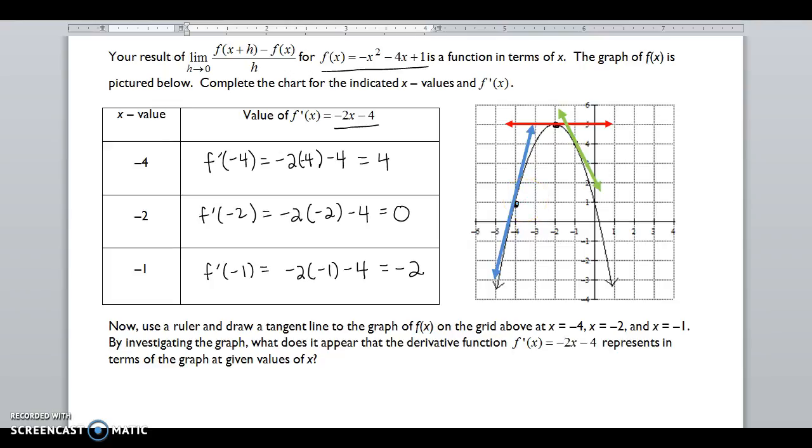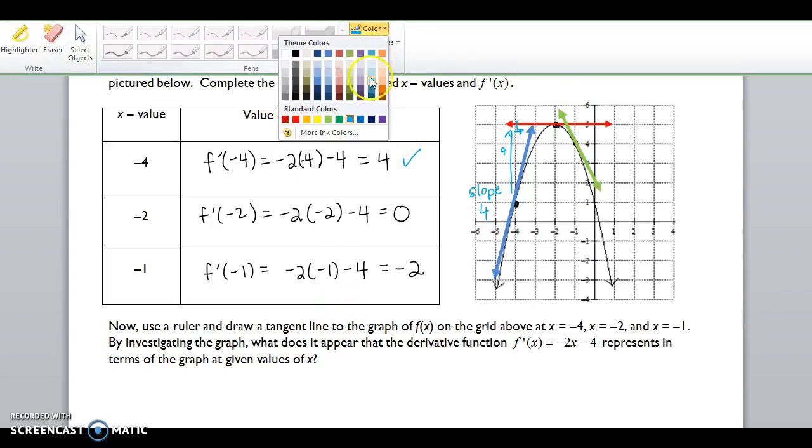Hopefully if you drew your picture nicely enough, you can see that if you pick 2 points like maybe here and up here, you go up 4, right 1. So that slope is actually 4. Notice that matches up with our answer over here.